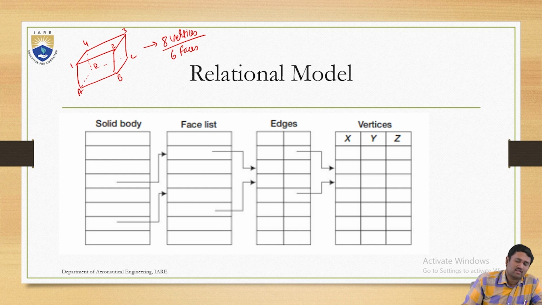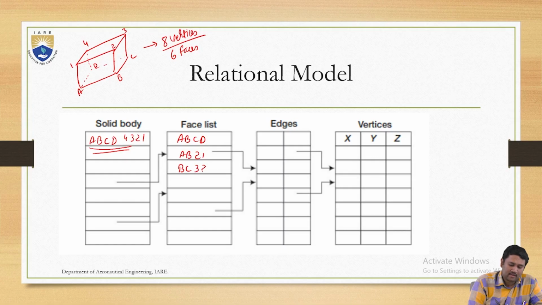Now in this, whenever a solid body of a cube has been considered, it will be a complete solid body of A, B, C, D, 4, 3, 2, 1. That is a complete solid body. What are the faces in your cube? A, B, C, D is one of your faces. Next, A, B, 2, 1, then B, C, 3, 2.